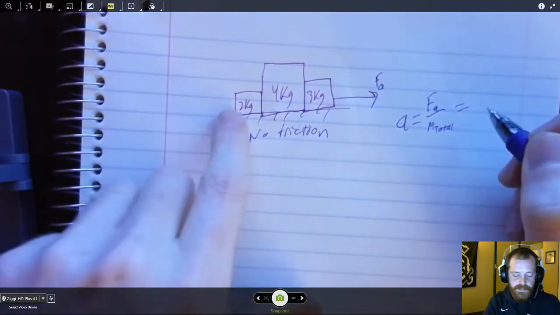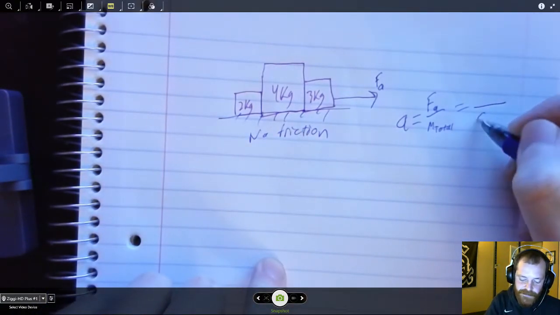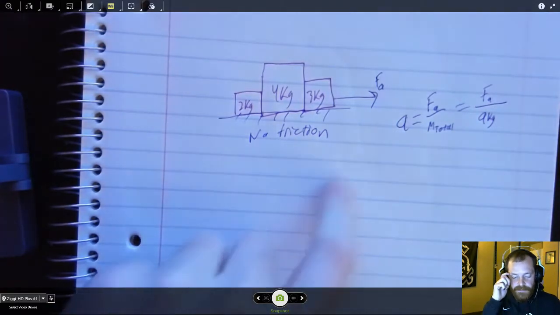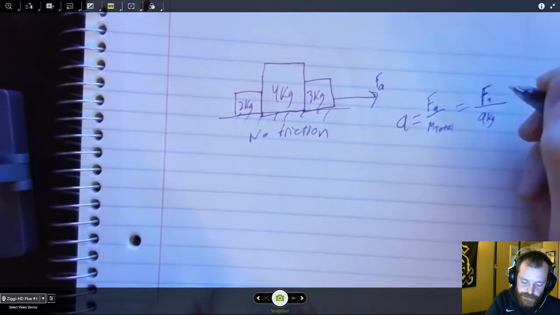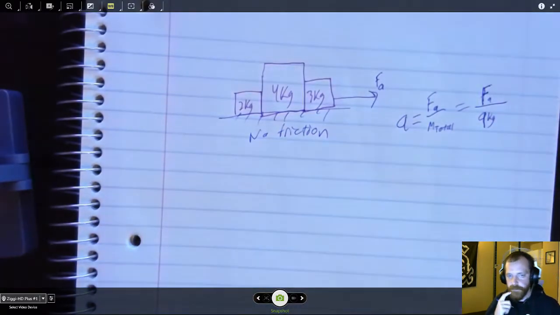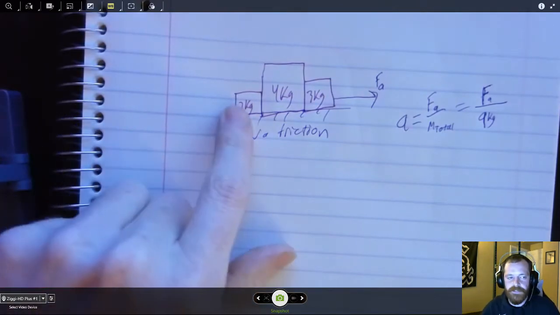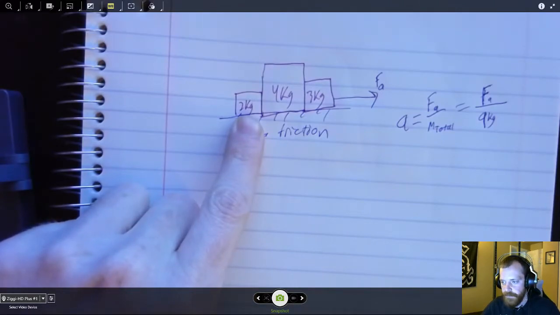The total mass here is 2 plus 4 plus 3, which is 9 kilograms. So the acceleration of the system is the applied force divided by 9 kilograms. Now if I want to know how much force was acting on this one specific object, then I'd have to do an F equals ma.